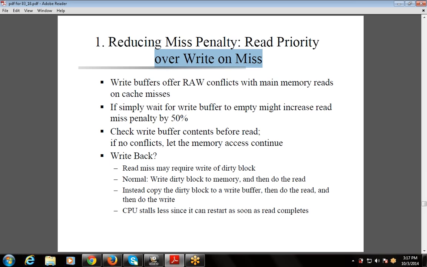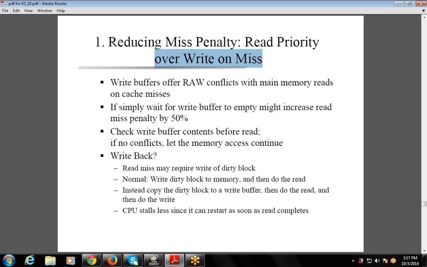The first point says the write buffer creates RAW conflicts with main memory reads on cache misses. Then, if we simply wait for the write buffer to empty, it might increase the read miss penalty by 50%.